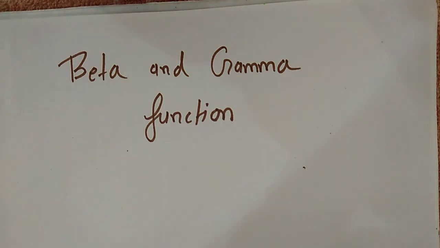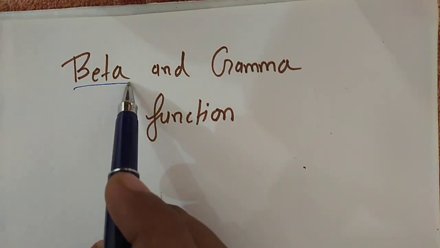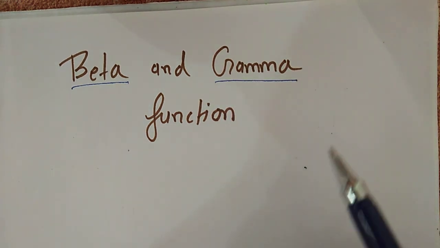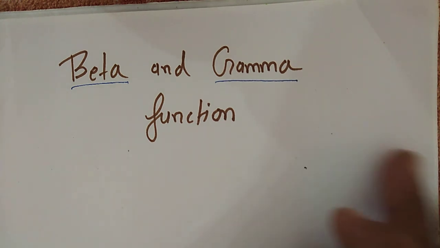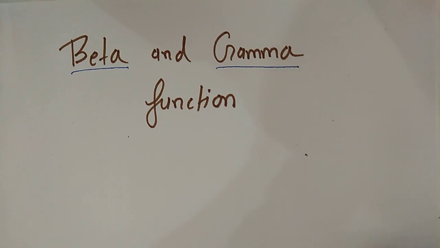Beta function is called Euler integral of first kind and gamma function is called Euler integral of second kind. Now let us see the definition of beta and gamma function.